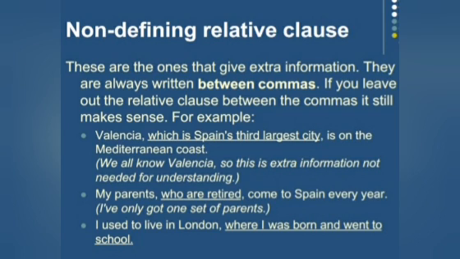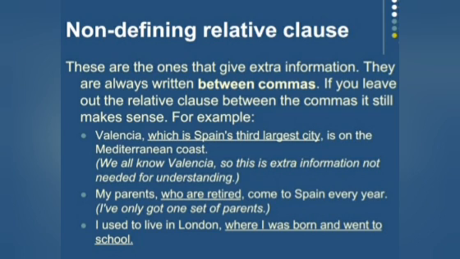How come? कि if I remove this, which is Spain's third largest city, इसको अगर मैं हटा दूँ sentence से, you are left with Valencia is on the Mediterranean coast, and this is making sense. एक complete thought है, therefore it is correct. And therefore which is Spain's third largest city is separated from the main clause by commas.